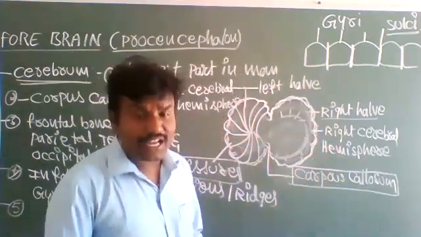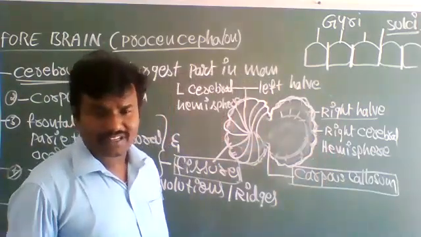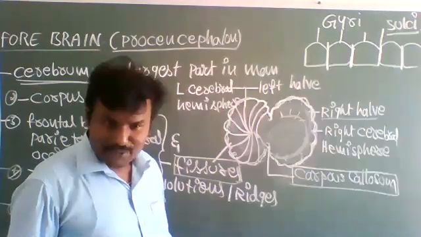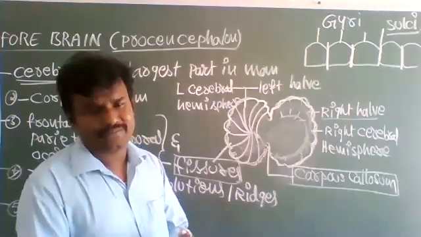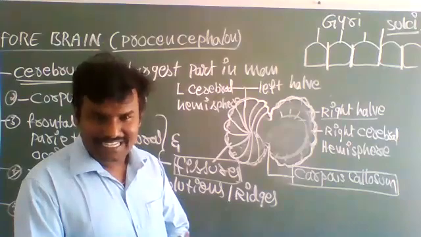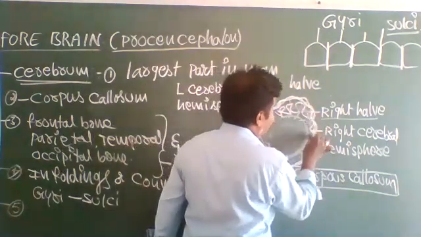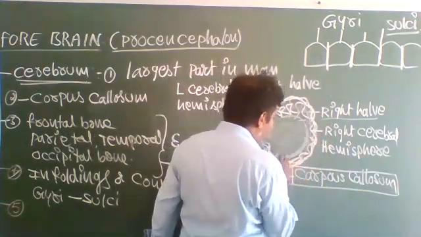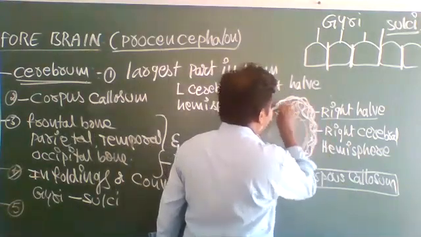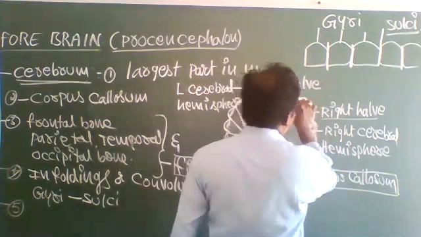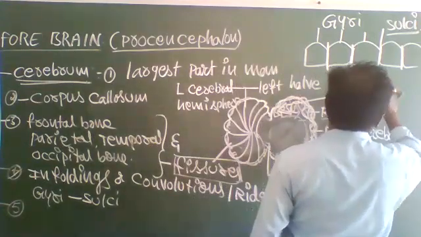The outer region of the cerebral hemisphere has a number of neurons.